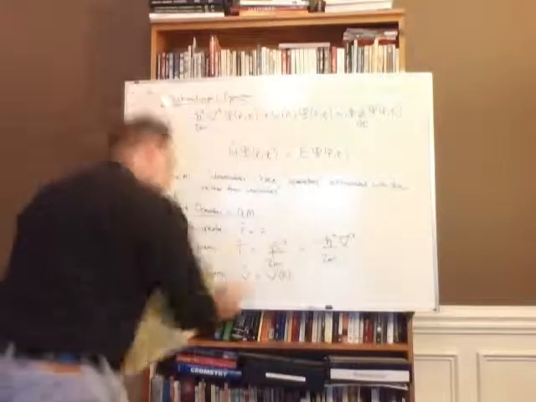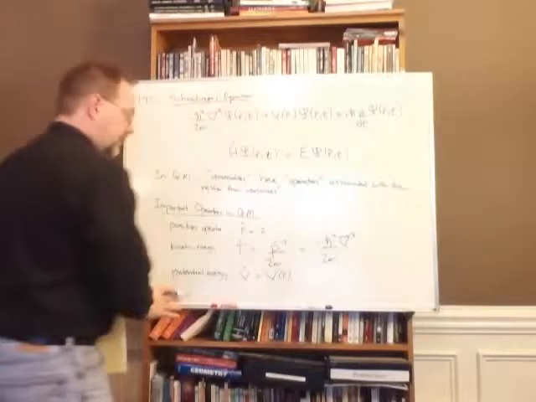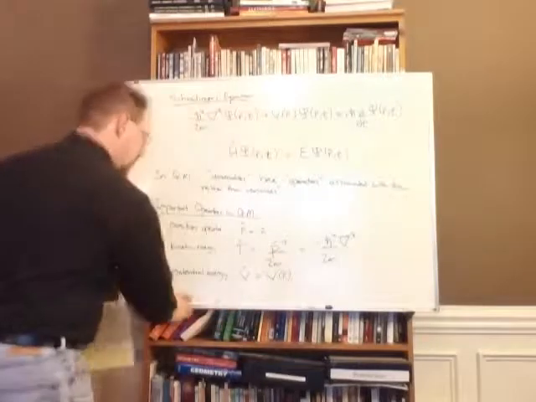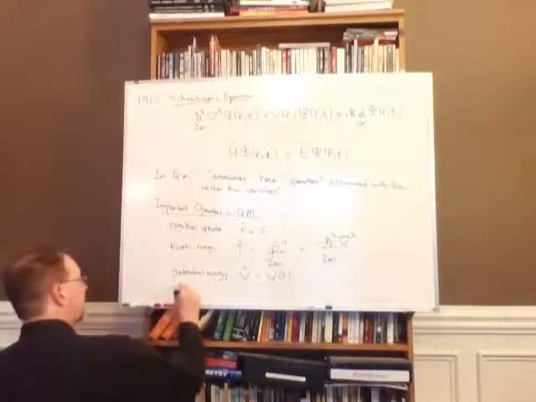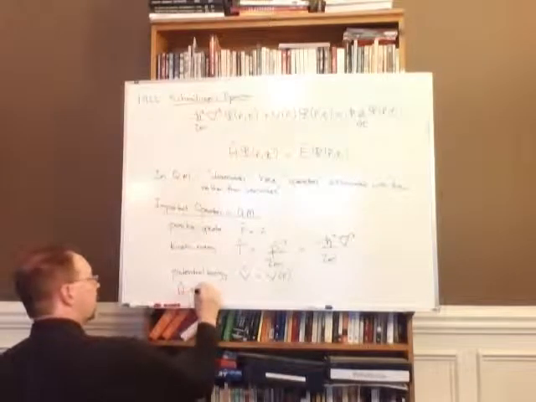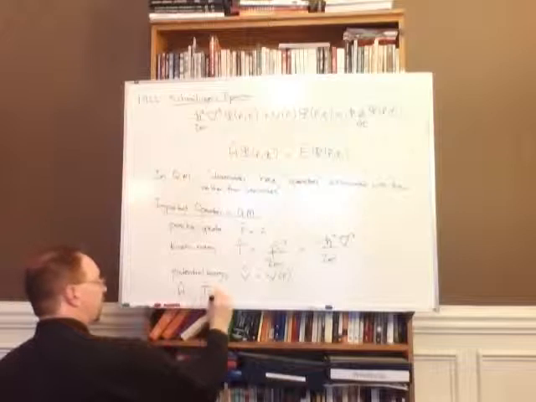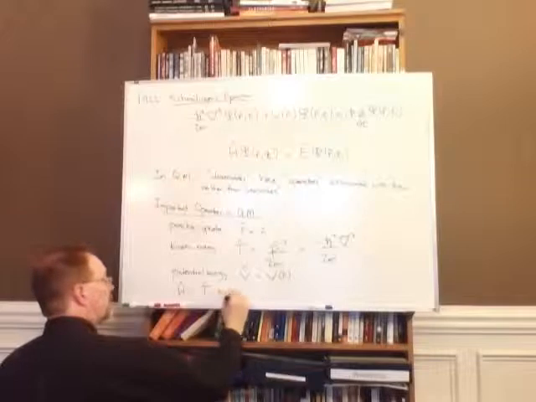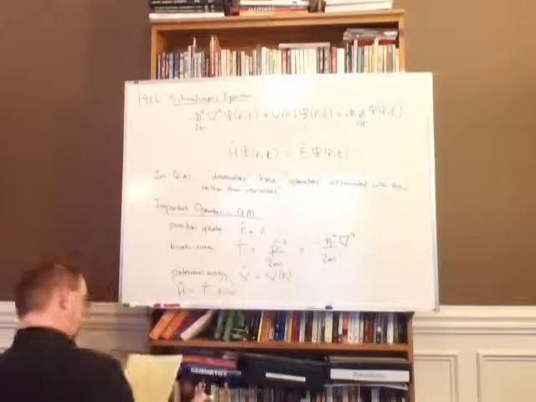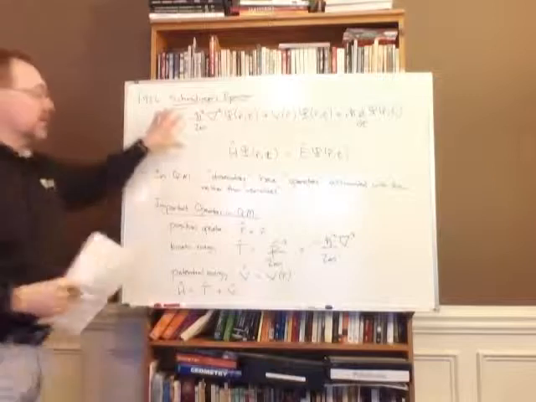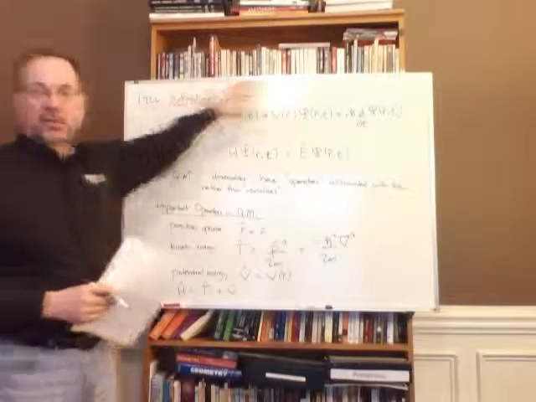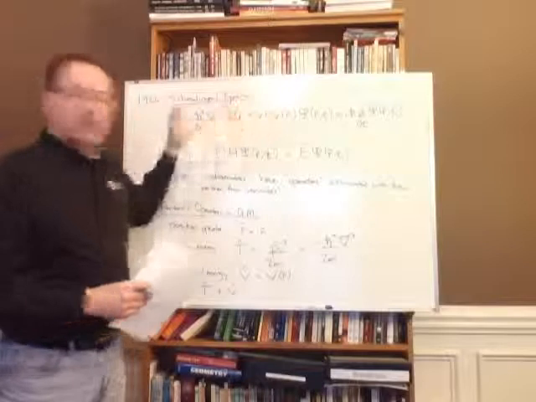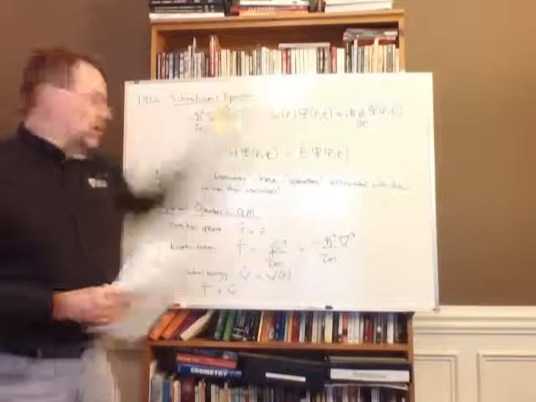Now, as I mentioned, the Hamiltonian operator is then pretty clearly the kinetic energy operator plus the potential energy operator. So here again, our Hamiltonian represents kinetic energy plus potential energy, and that should be equal to total energy.